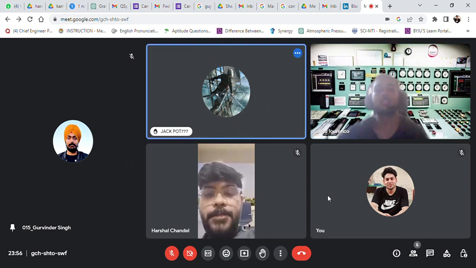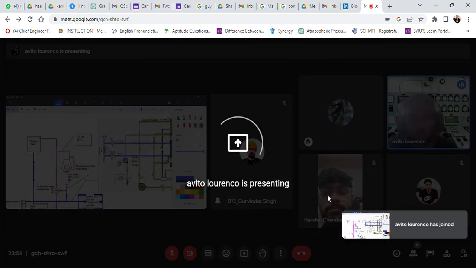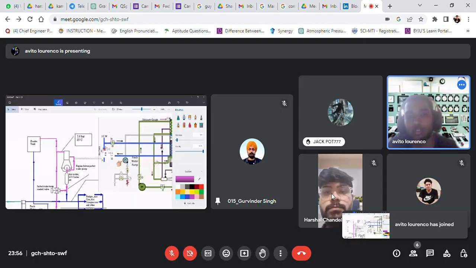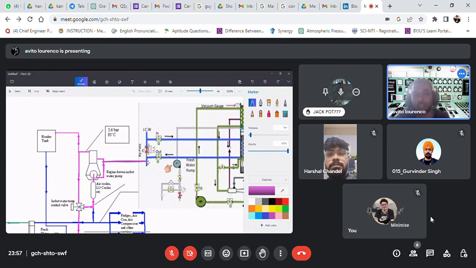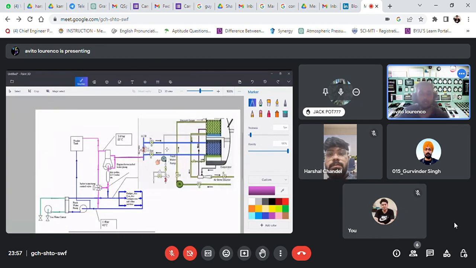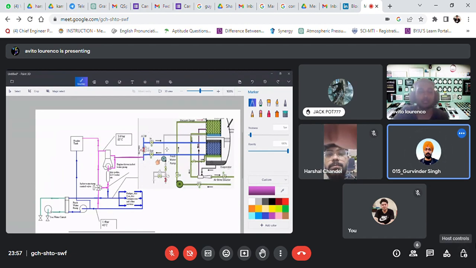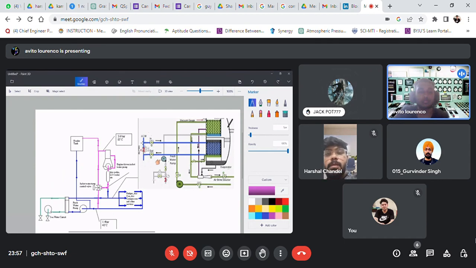So you're saying this pink color will go to this. So these are the two systems. This is the freshwater generator, which is taking jacket cooling water.